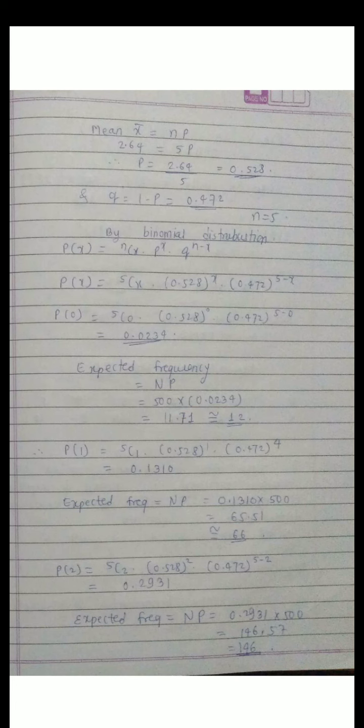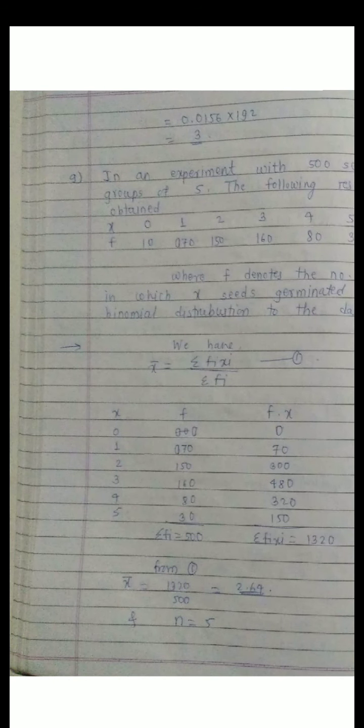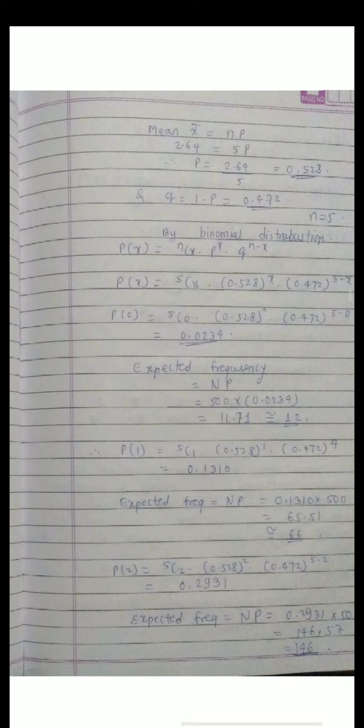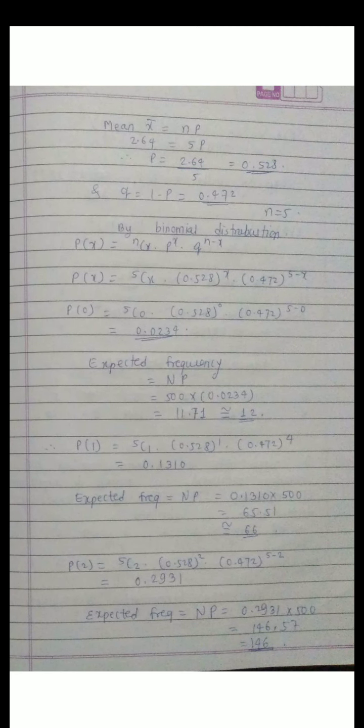Calculating, we get p of 1 is 0.1310, and the expected frequency is capital N into p, where capital N is 500, so 500 into 0.1310 gives 65.51, which is nearly 66.